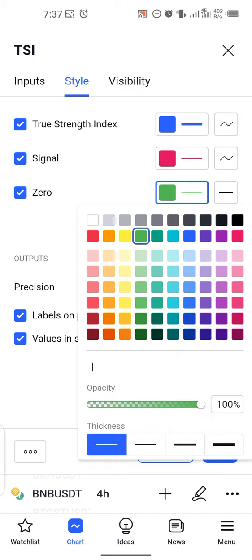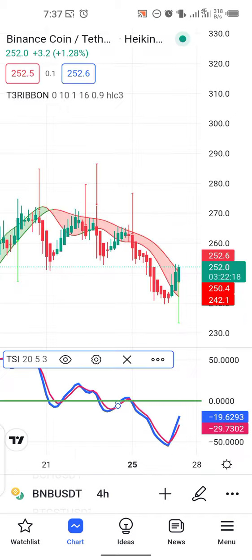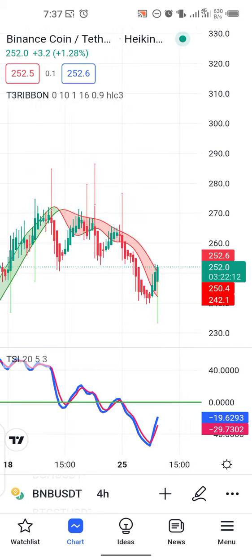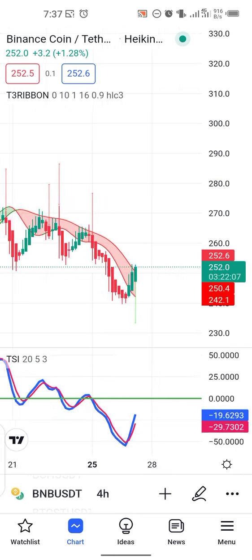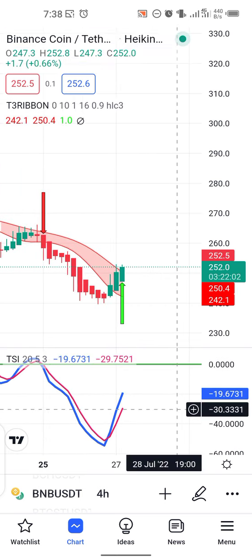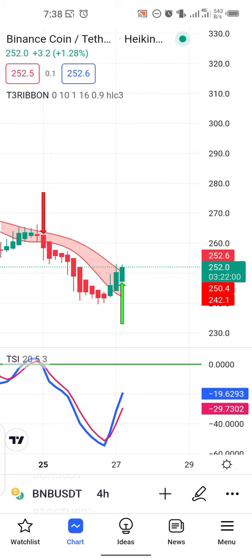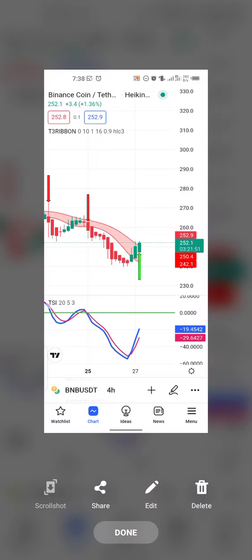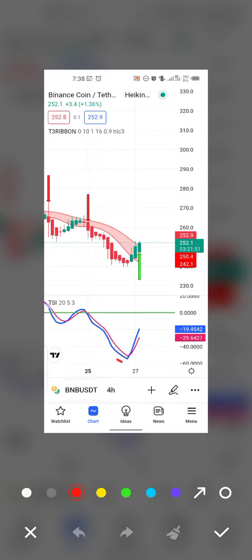Let me check it out. So I choose the second thickness, and you see now this is how my indicator will look. Now I want you to see, if I was going to trade this coin, BNB, I've visited my TradingView on BNB, and you can see very well on our screen, look at the intersection.